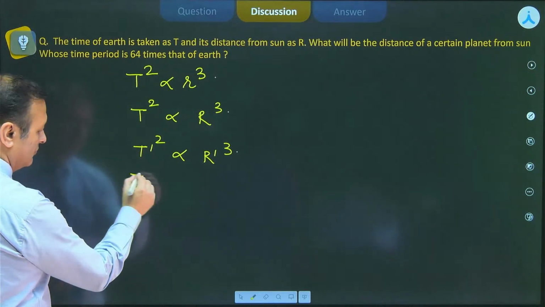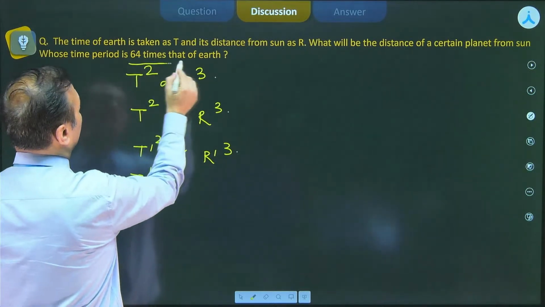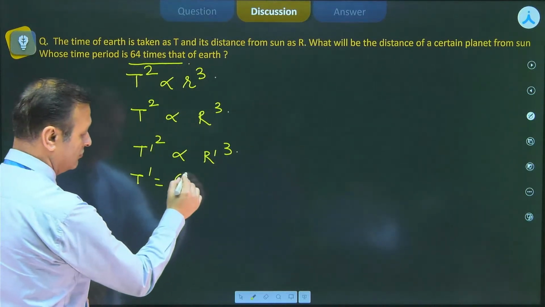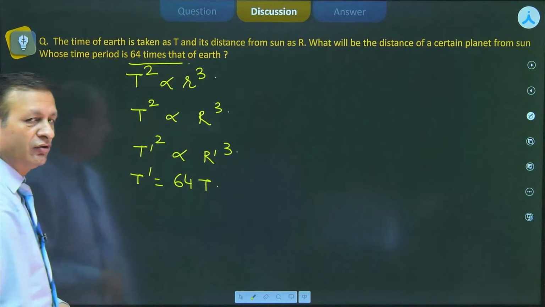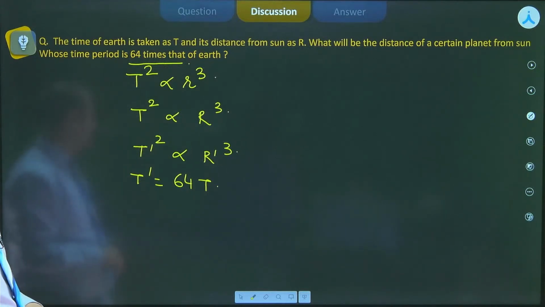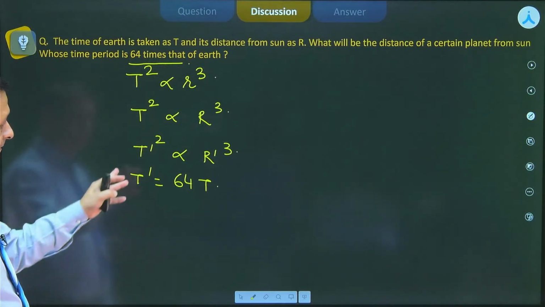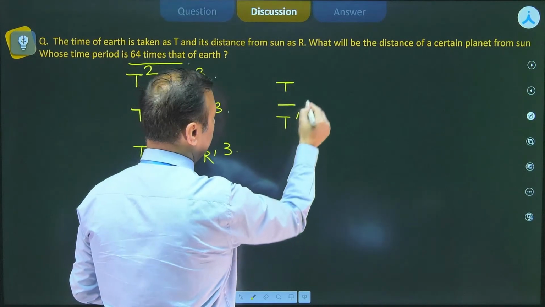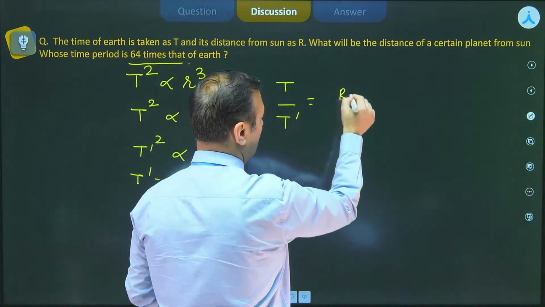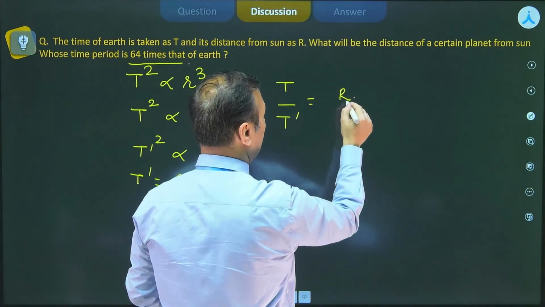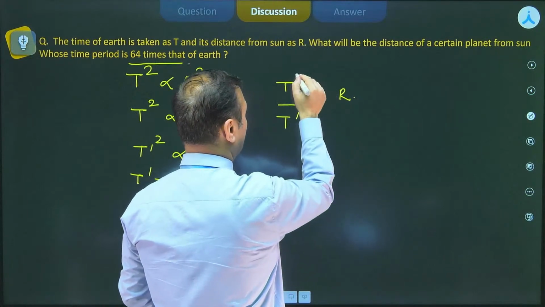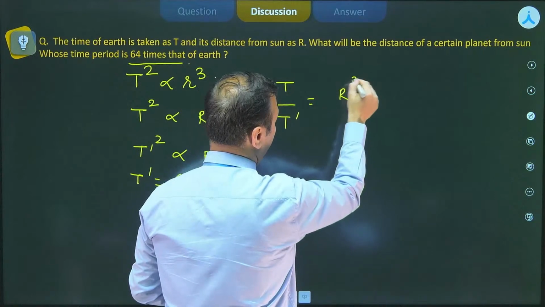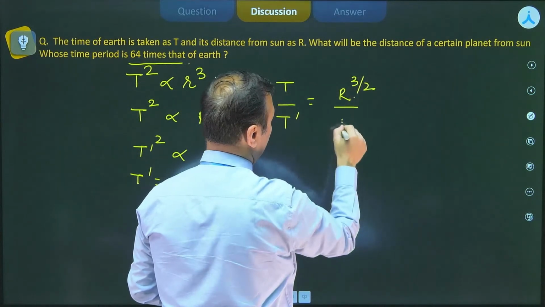But T dash, what is this? Its time period is 64 times that of Earth. You got it or not? So take the ratio T by T dash equals r by r dash, or let's maintain the square only.